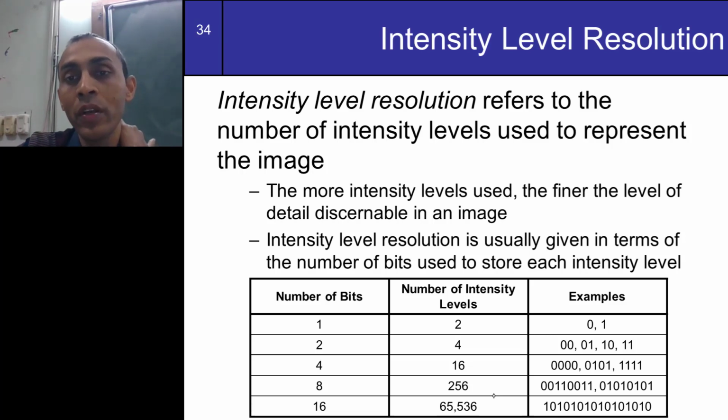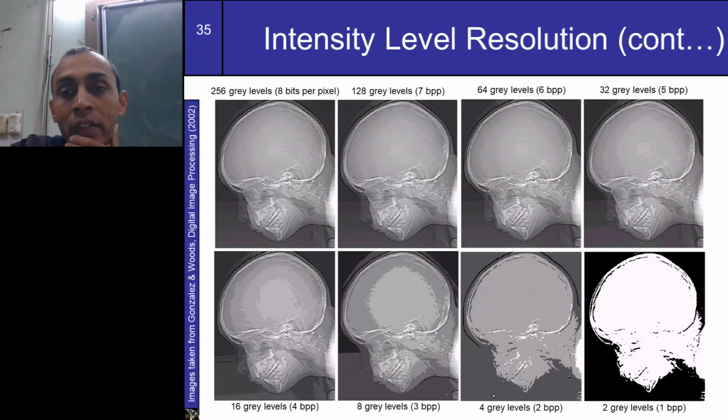Again, that will also impact the fineness of the details that you can discern in an image. An illustration of this is shown in this image. Probably it's a medical image. It's a bit scary image, but this is an image which has only one bit.